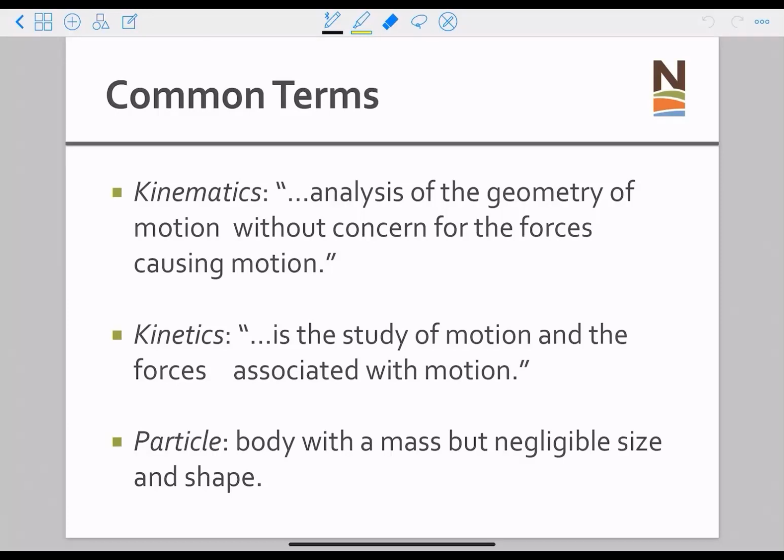We'll assume that if it has a mass, it is a point mass, and when you apply a force, it's applied to that point mass. So obviously things like torques, where you have a force applied offset from the center of gravity, will not be taken into account in these types of problems.